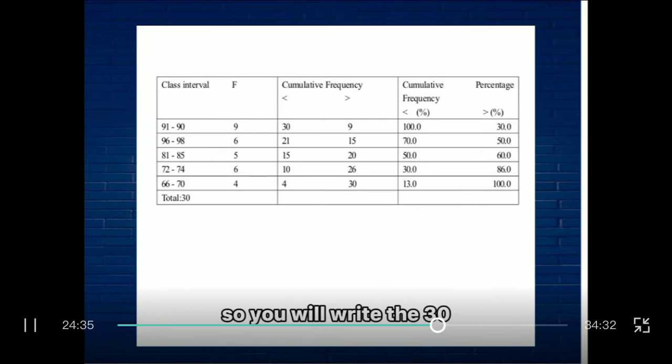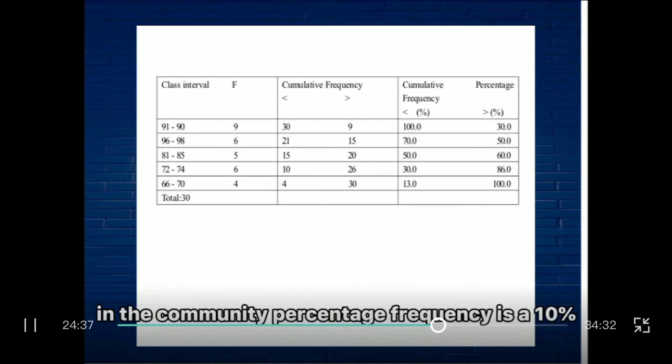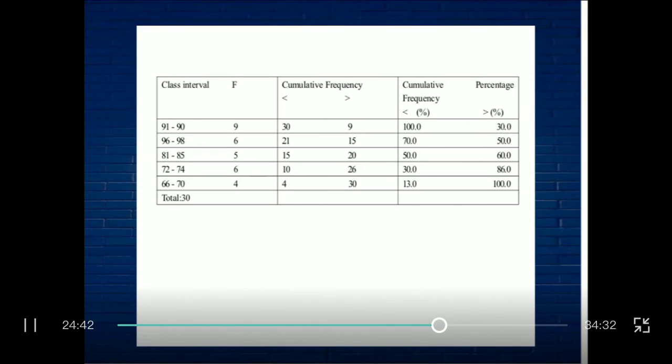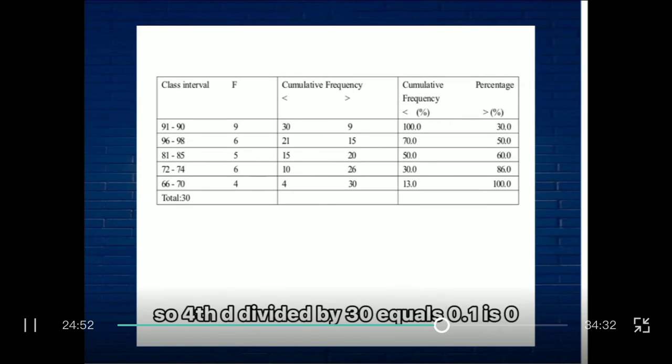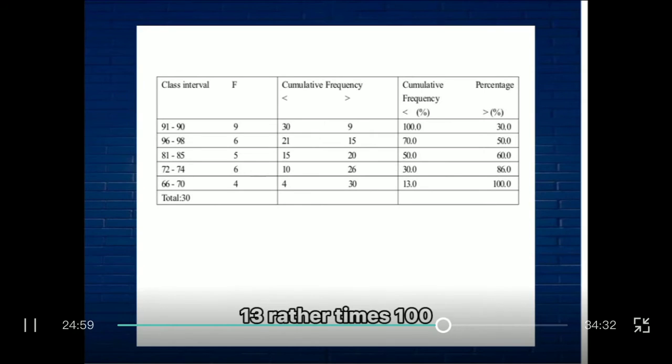So you will write the 30 in the cumulative percentage frequency lesser than percent. Next, CPF lesser than equals CF times 100% over n, the number of cases. So 4 divided by 30 is equal to 0.13 times 100%. So the answer is 13%.